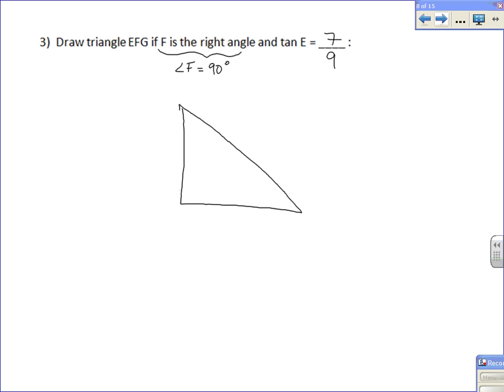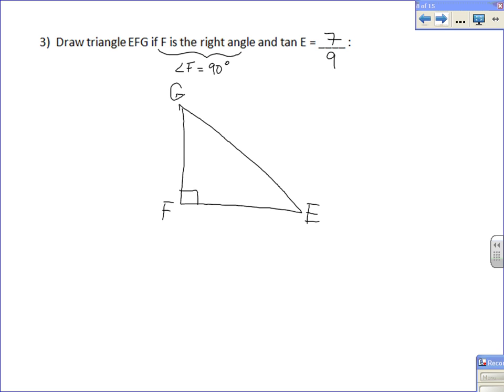Okay, I'll put my right angle right here. And right away I know that if this is the triangle EFG, that's my angle F. So I'm going to put an F at the point where the two arms meet at 90 degrees. And we can label this G and this E. It really doesn't matter. Okay.